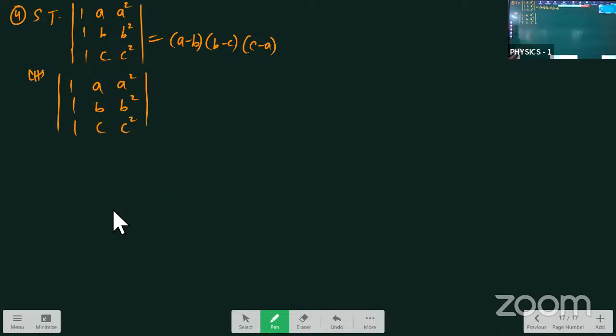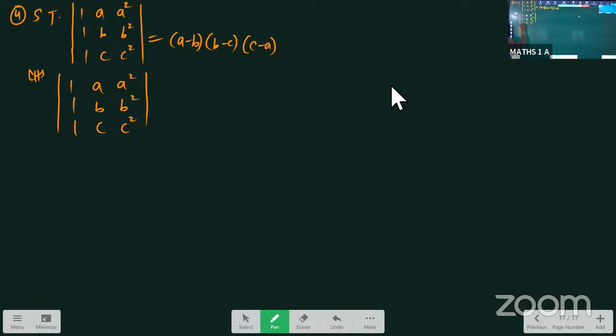So in this, I am doing row transformations here. So in determinant, we can use all determinant properties.